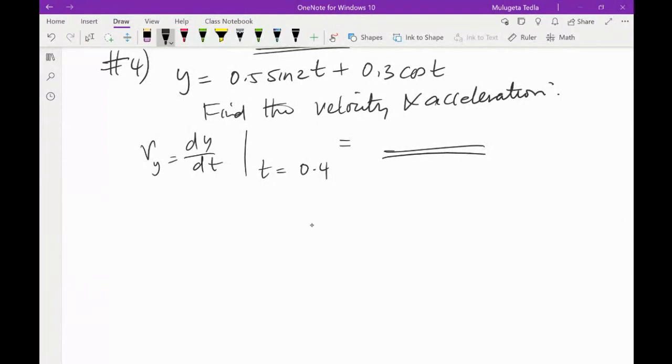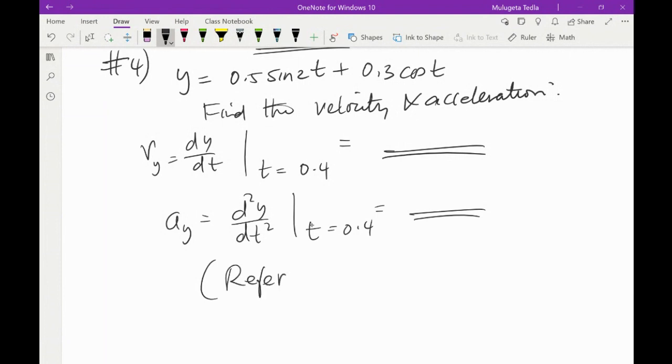For the acceleration, we do the second derivative d squared y by dt squared at t equal to 0.4, which would be the magnitude. Refer to notes on section 27.4 done in class.